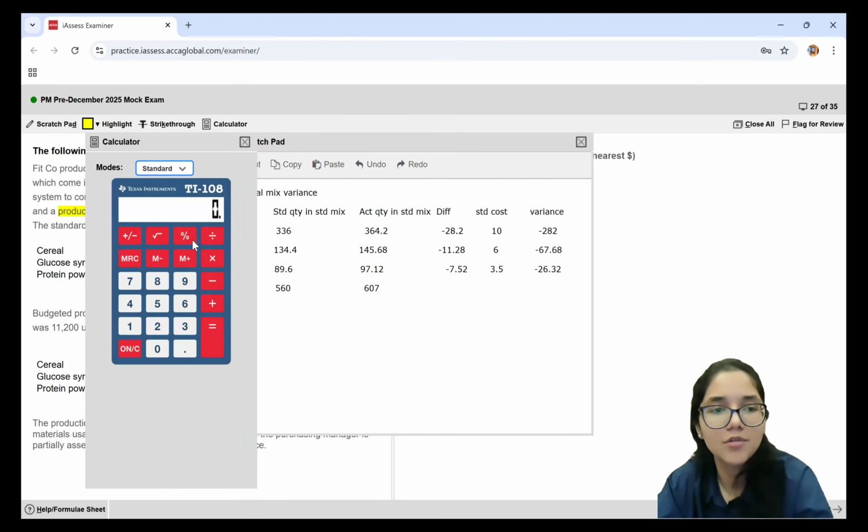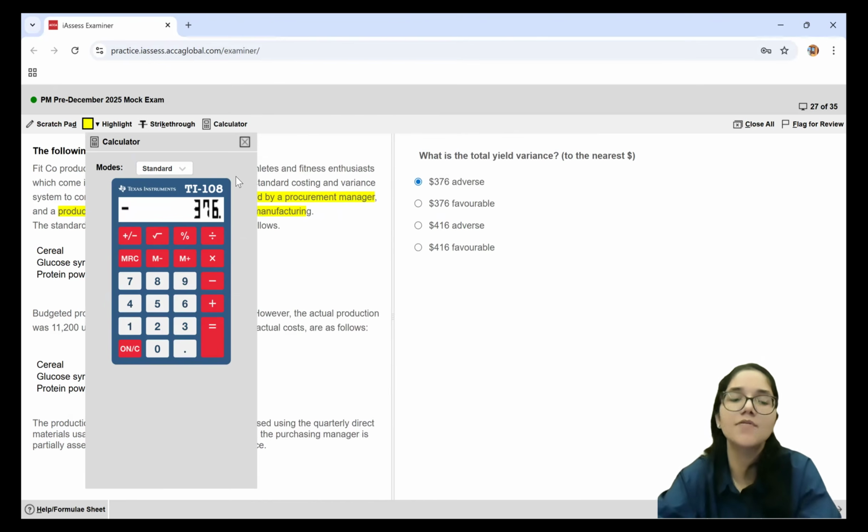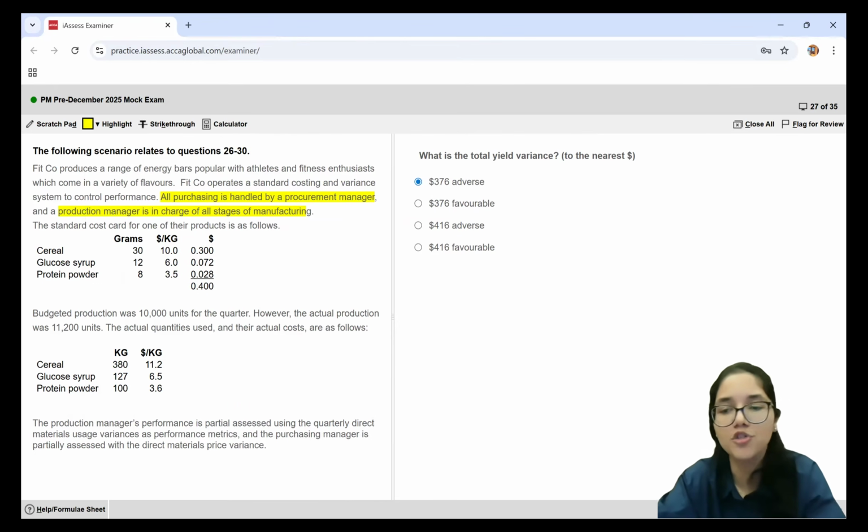Okay, so let's do it for this one over here. Negative 282 minus 67.68 minus 26.32. So this is how you arrive at negative 376, which will give you the same answer using any of the methods that you choose.